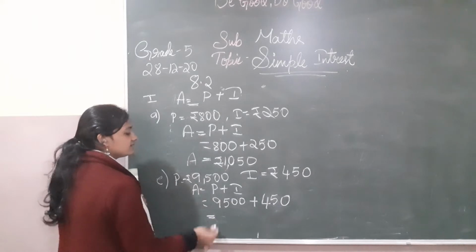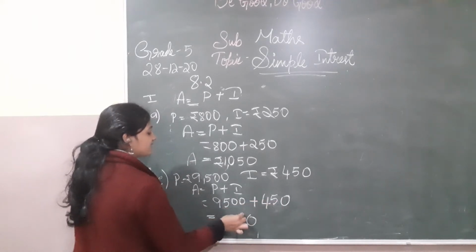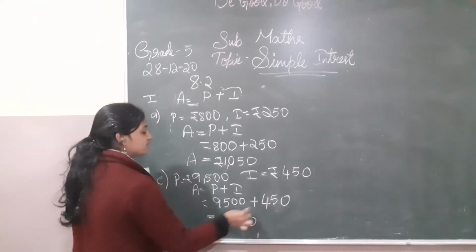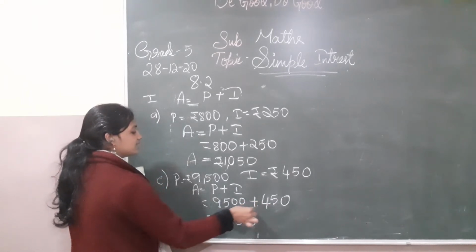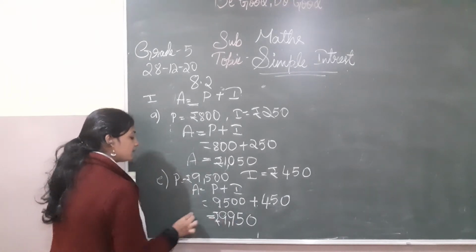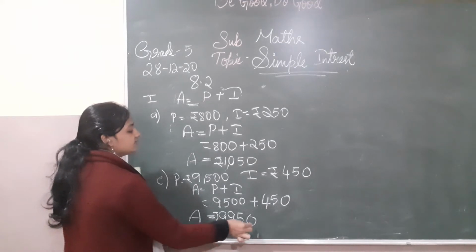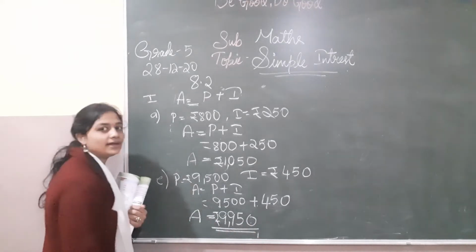So what is the answer now? 0 plus 0, 0. 0 plus 5, 5. 5 plus 4, 9. And 9 plus nothing here is 9. So my answer is amount is equal to 9,950 rupees. This is my answer.